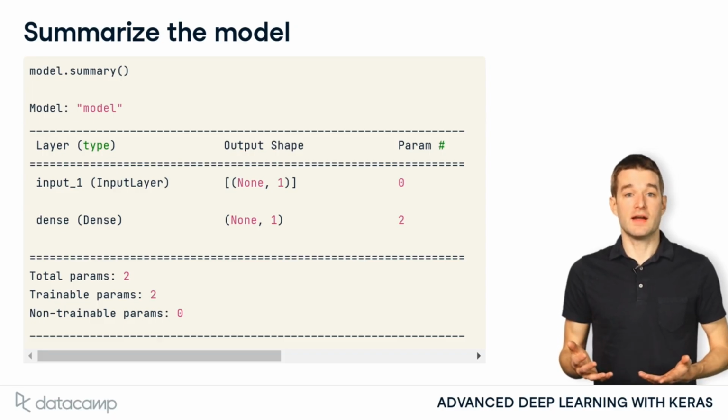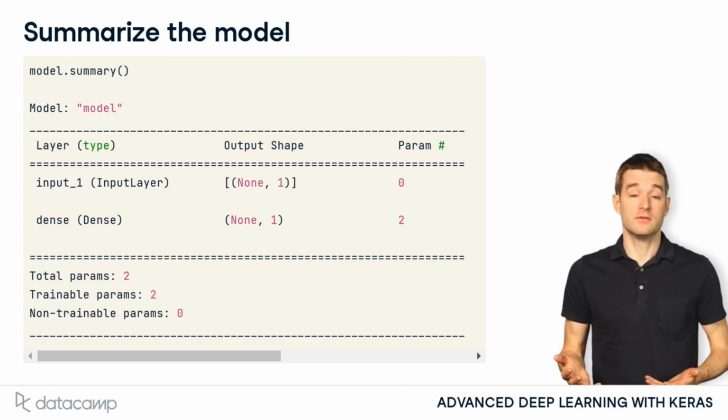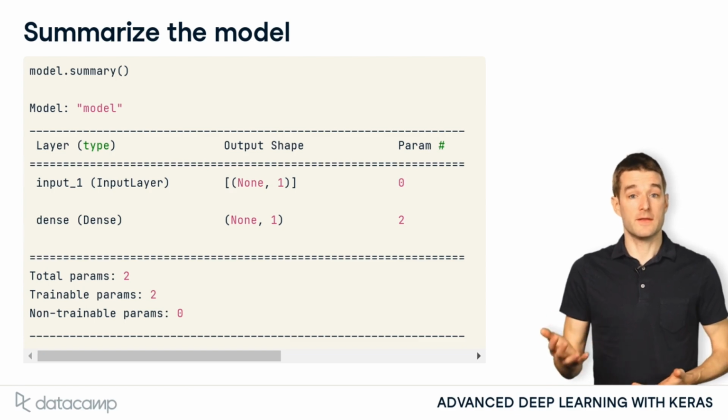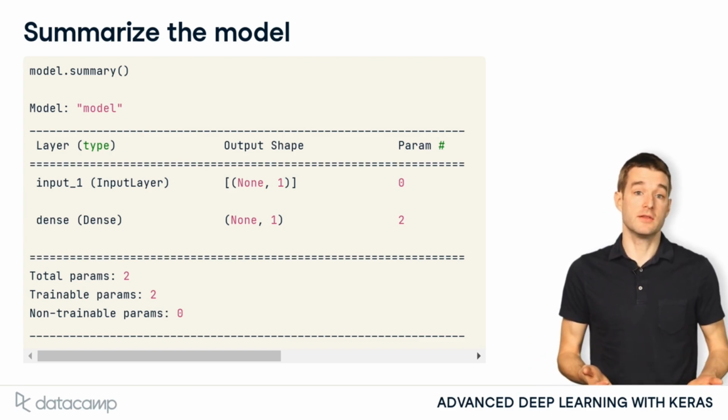The model you have defined here is a standard linear regression model, equivalent to y equals mx plus b. M and b are the two parameters. In the terminology of linear regression, m is the slope and b is the intercept. In the terminology of Keras, m is the weight of the dense layer and b is the bias of the dense layer.